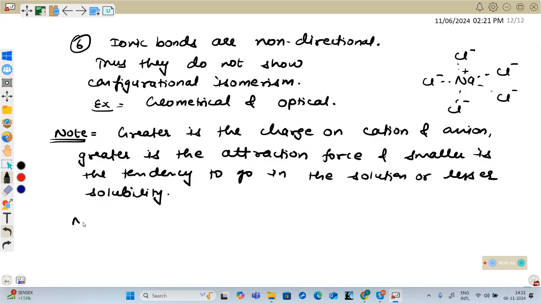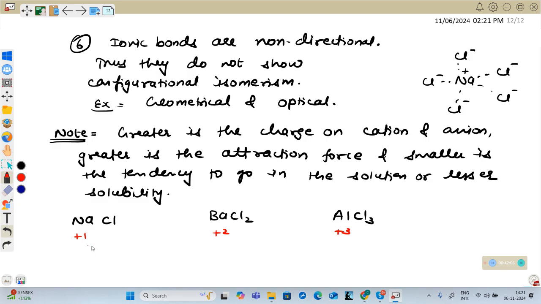For example, if I fix one ion, suppose the anion, so BaCl2 and AlCl3. Here the charge is +1, +2, +3.